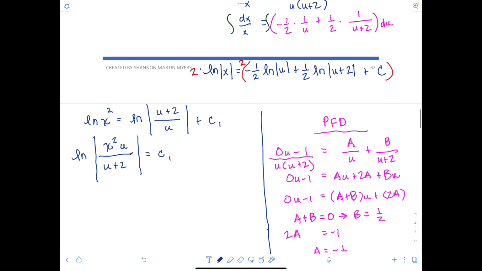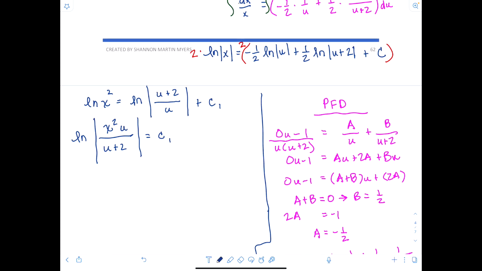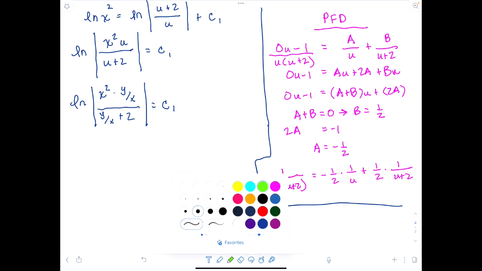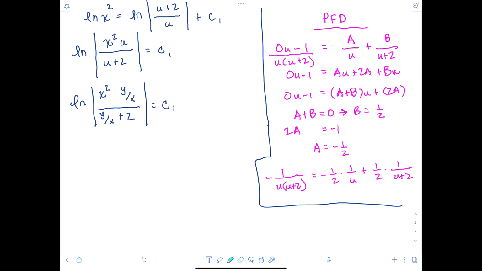So plugging that in for u, we will have natural log absolute x squared times y over x over y over x plus 2 equals C1. So all I did, wherever I saw a u, I placed a y over x.